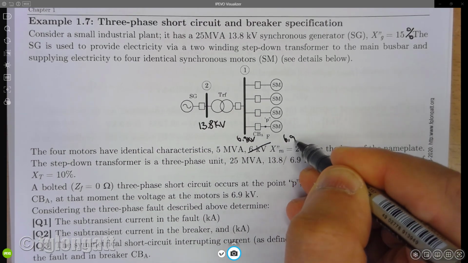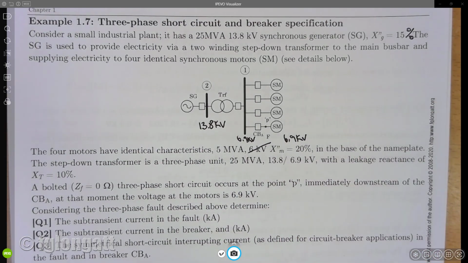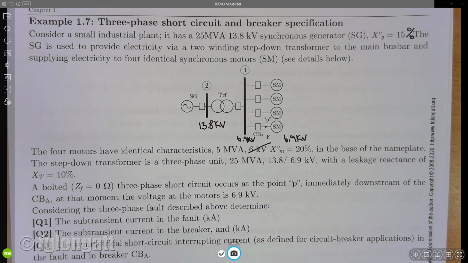This is 6.9 kV. Okay, 6.9 kV, and that data is provided based on the nameplate of those motors. Okay, that means that that reactance is defined on 5 MVA, that is the rated power, and 6.9 kV.